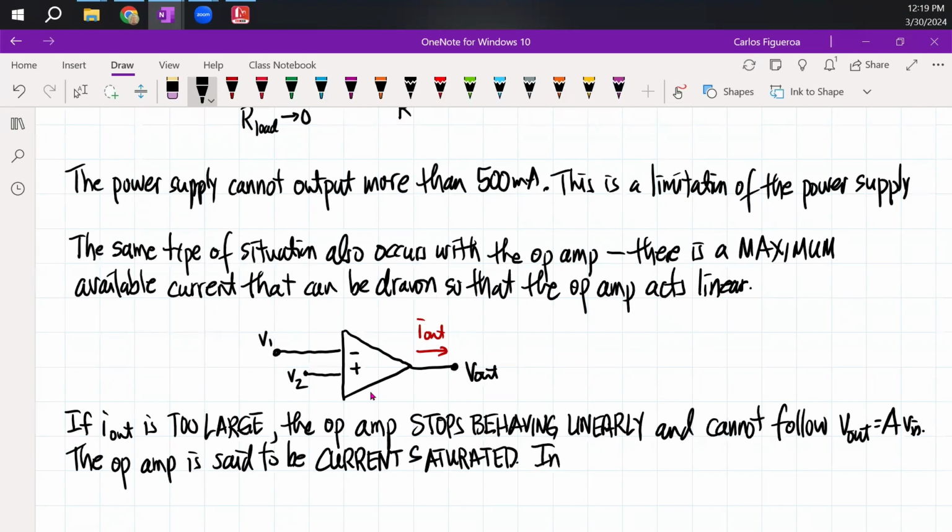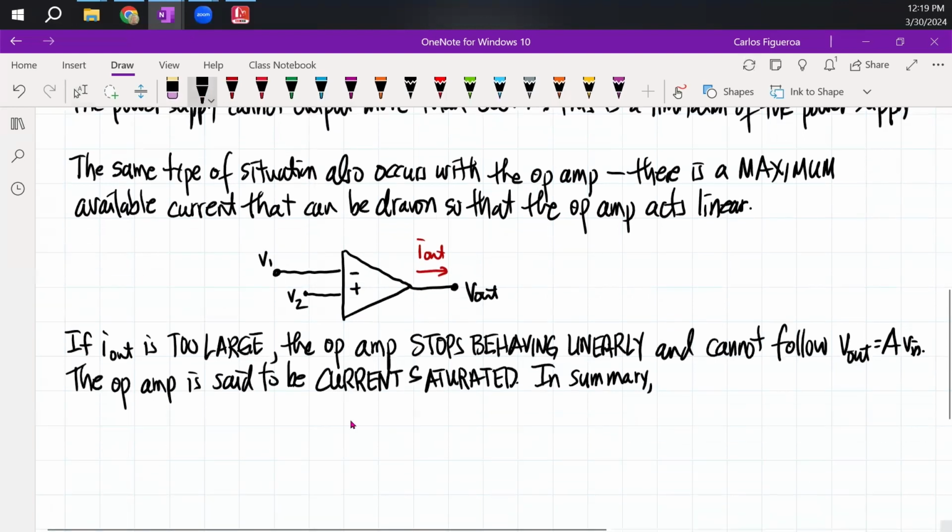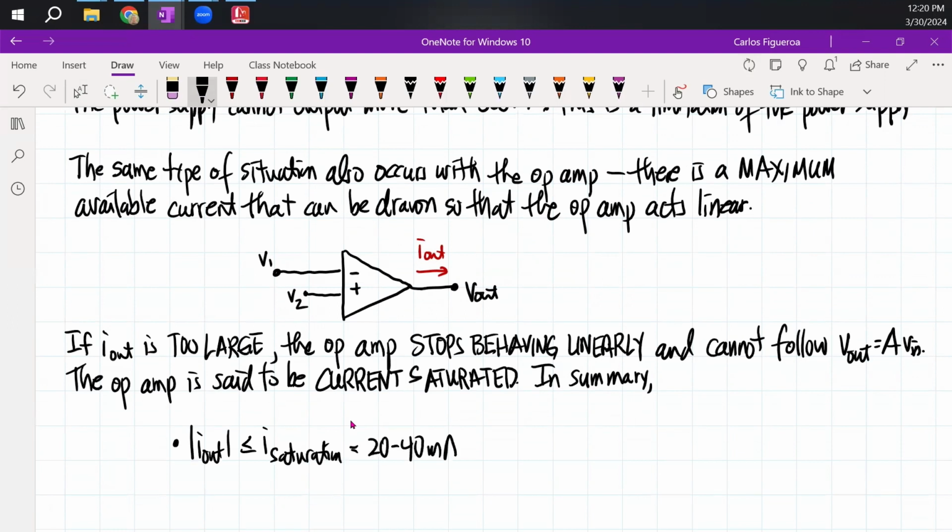So in summary, if I look at the current I out, and if it's less than I saturation, and this saturation is somewhere between 20 to 40 milliamps for the 741, it behaves linearly.